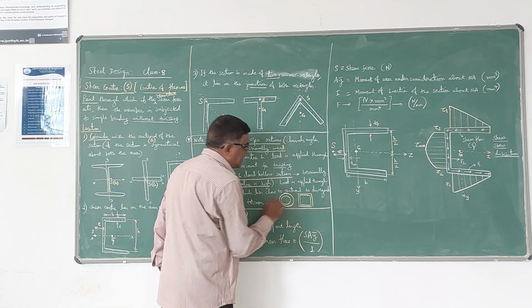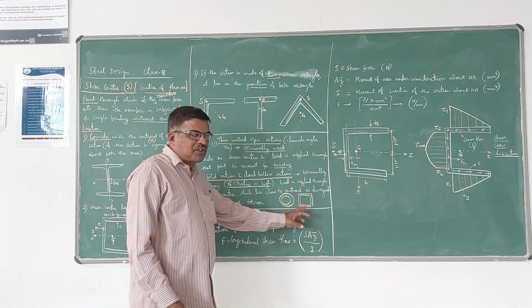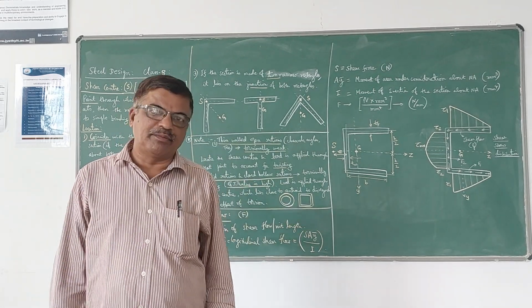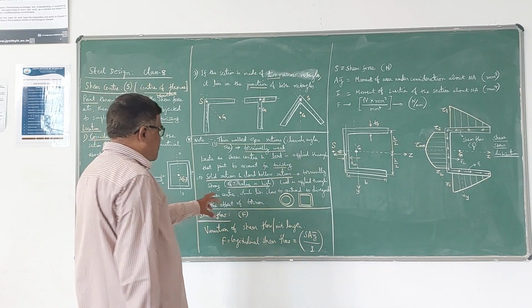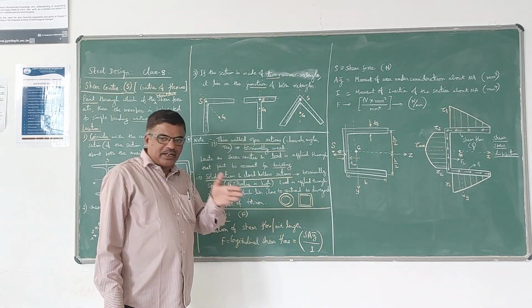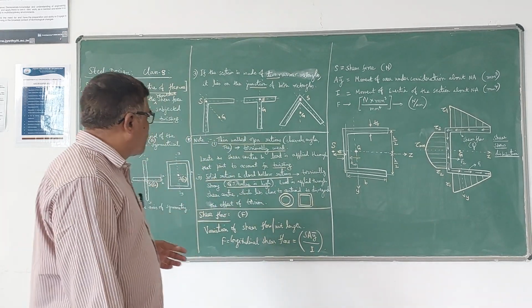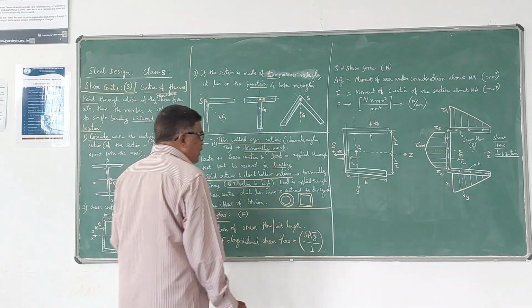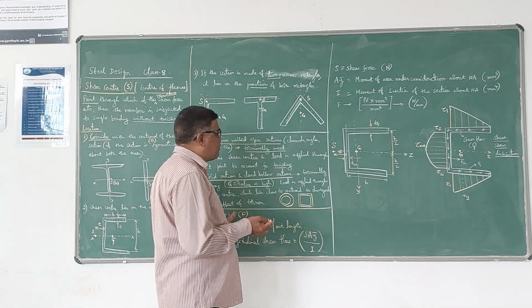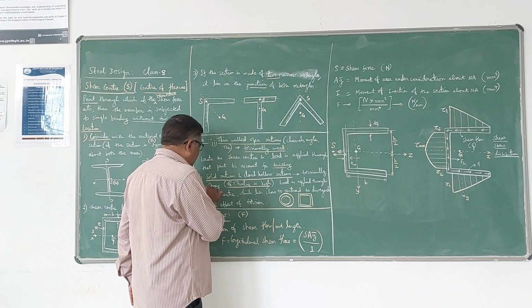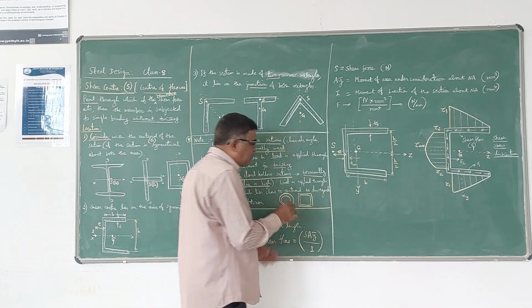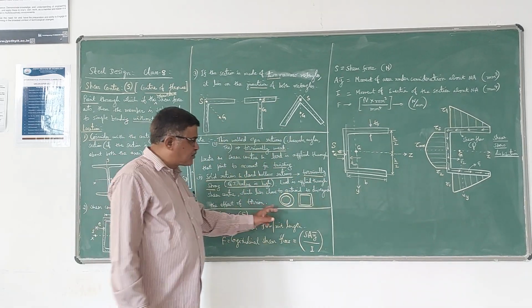Normally these are very strong in torsion, that means the torsional rigidity value is very high, as we have studied in strength of materials. Another important property is that the centroid and the shear center are very close to each other in such types of sections.